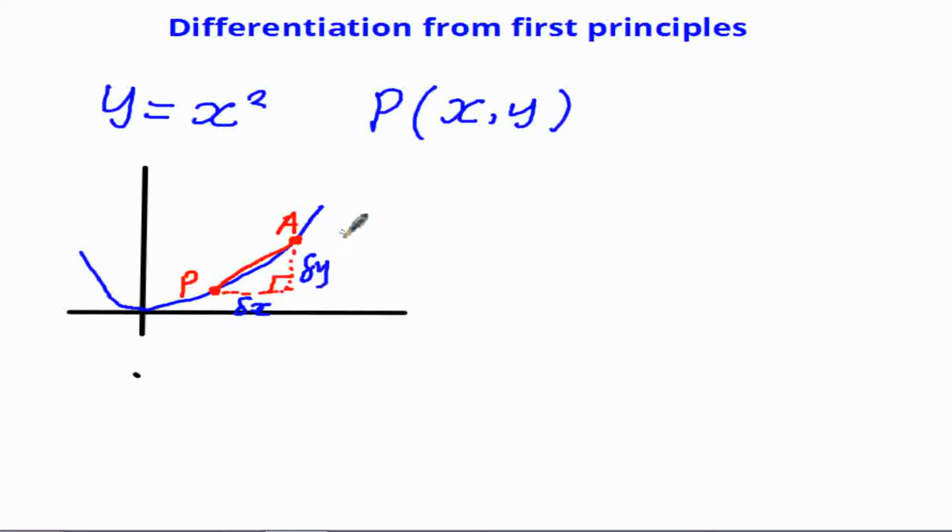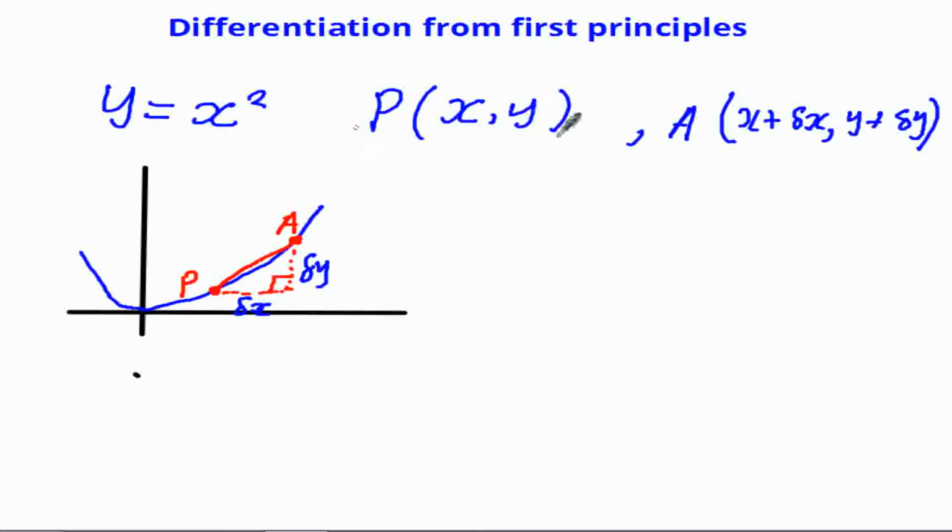So that gives us the coordinate of A to be x plus a small change in x, and y plus a small change in y. So that is the coordinate of A, and we also have the coordinate of P here.